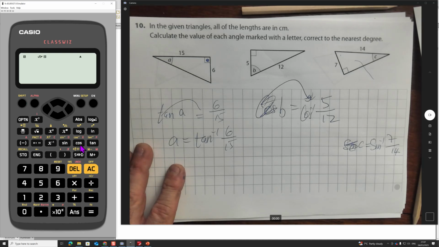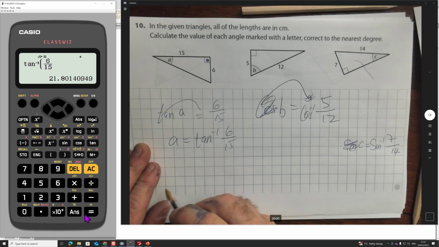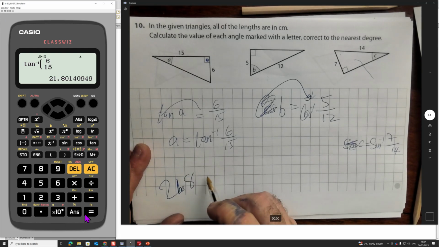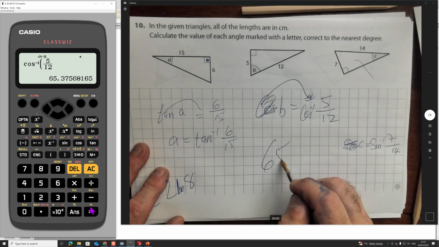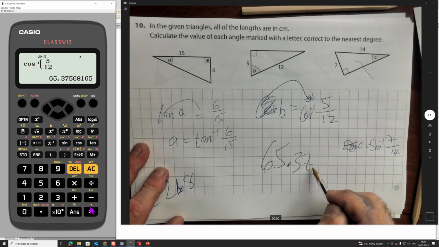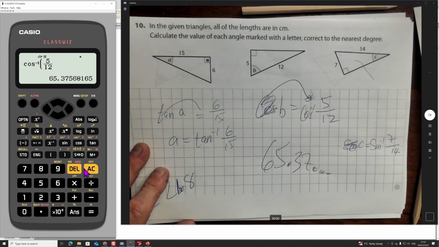Clear, shift tan 6/15, 21.8. Shift cos, is it a shift cos? It isn't, so that'll happen. You make that mistake, go back again. Shift, there's the S, cos 5/12, 65.37 truncated.